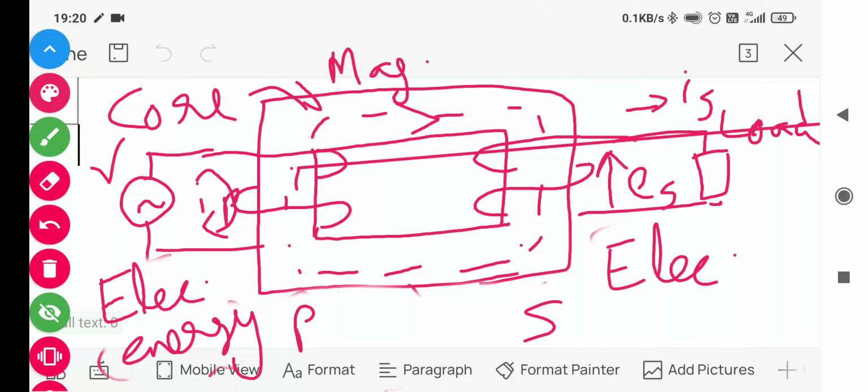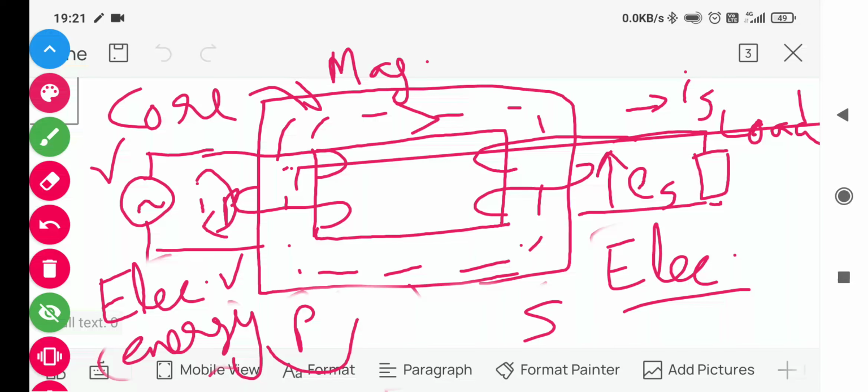But how does this energy get transformed? Initially it was electrical energy, with some voltage, current and all these things. Then it becomes magnetic energy from this coil to the core. There is a transformation of energy. It becomes magnetic energy, and then that magnetic energy is converted to electrical energy on the secondary side.